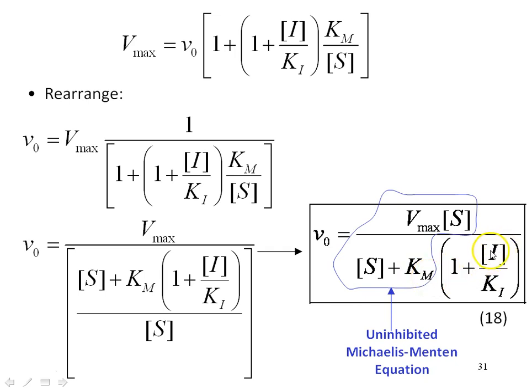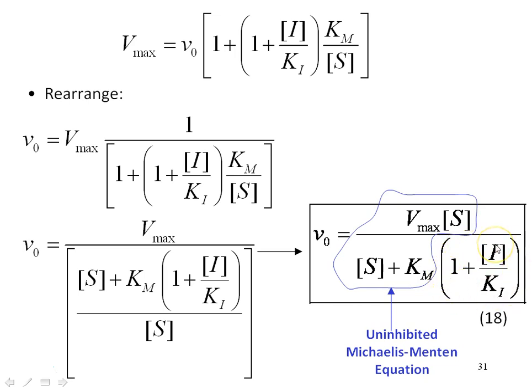because of the presence of the inhibitor. The more inhibitor I have, the more Km appears bigger. If you didn't know you have an inhibitor and measure the Michaelis constant as we did last time, you will find that the Michaelis constant is actually larger than if the inhibitor was not present.